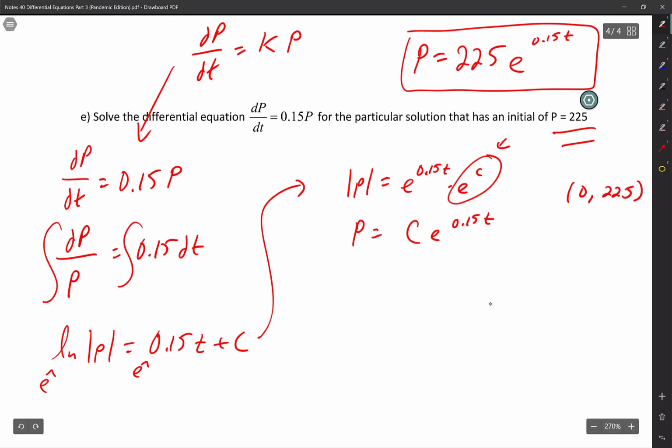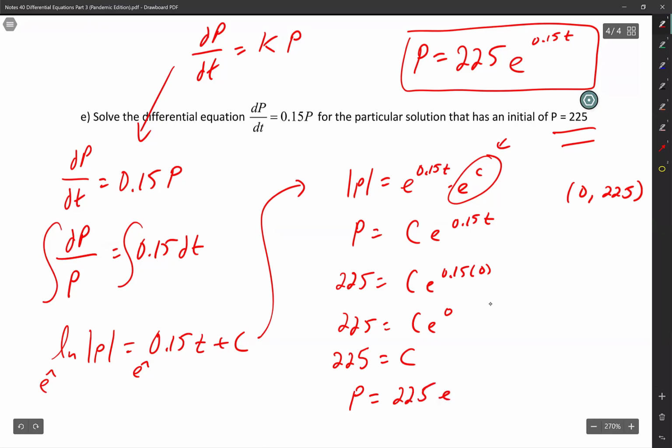So look at everything we have to do if we don't know it. 225 equals c e to the 0.15 times 0. So 225 equals c e to the 0. Yes, I know I'm exaggerating it. 225 equals c. So now we know that 225 is c. P equals 225 e to the 0.15t.